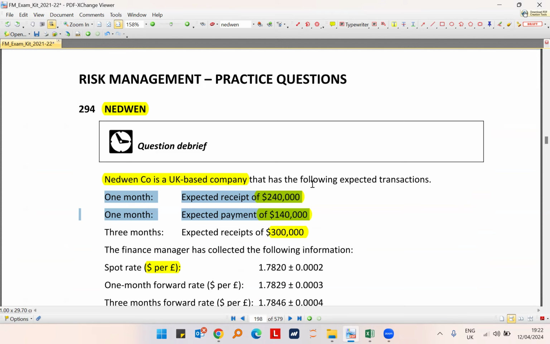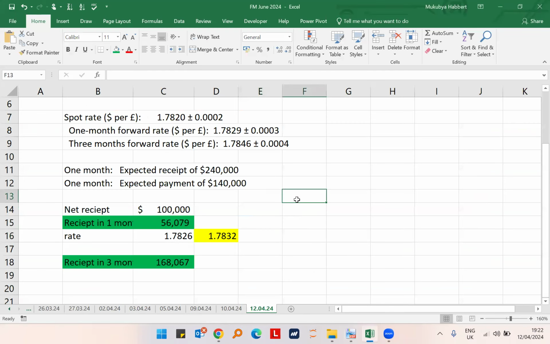Is there anyone following? Can you repeat a little bit? My internet had jammed. I don't know if you can hear me. I can hear you. What do you want me to repeat? Just the calculation. My internet had gone off.